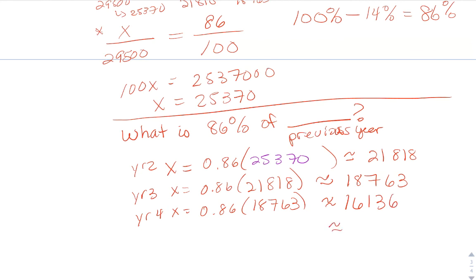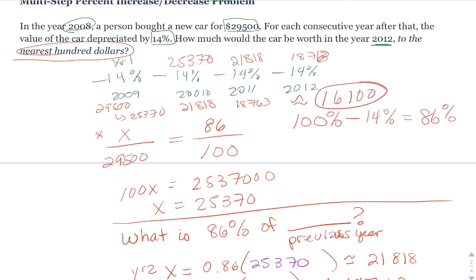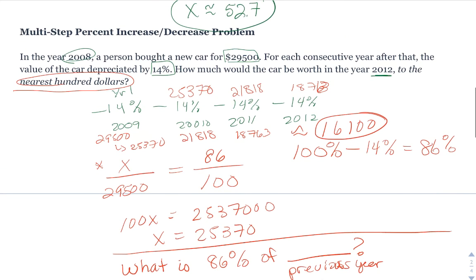And if we rounded it to the nearest hundreds, it would be $16,100. Now, depending on where you actually started rounding, your answer could vary on this, which could cause some variation in what numbers Delta Math would actually accept.